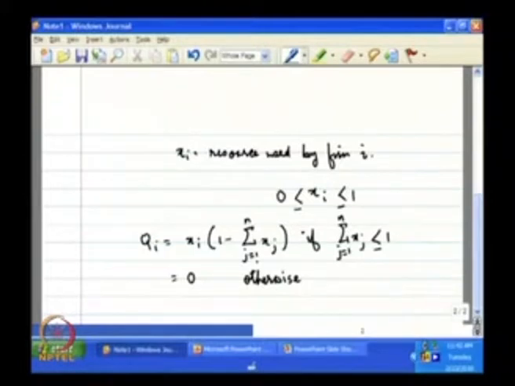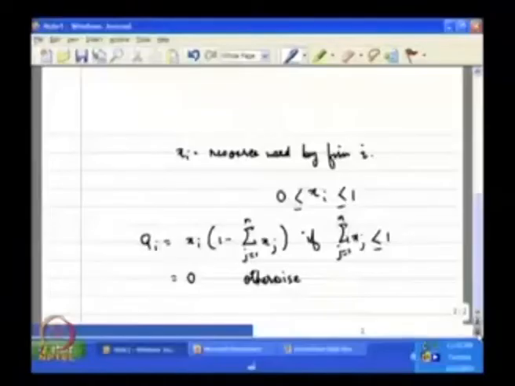So each firm, for example the ith firm, wants to maximize this qi, which is the output of that firm. What we need to do is that we have to model this situation as a strategic game, and we have to compare this with the Cournot model that we have seen before, and find its Nash equilibrium.